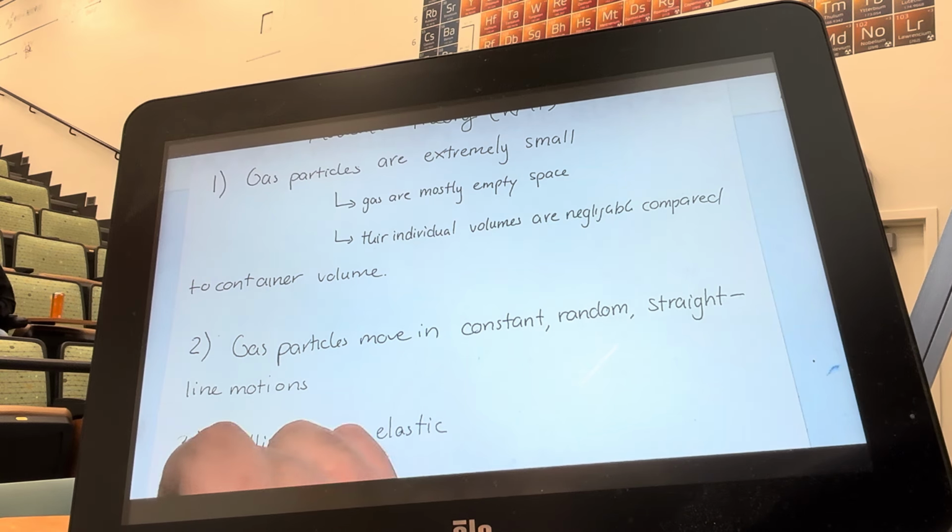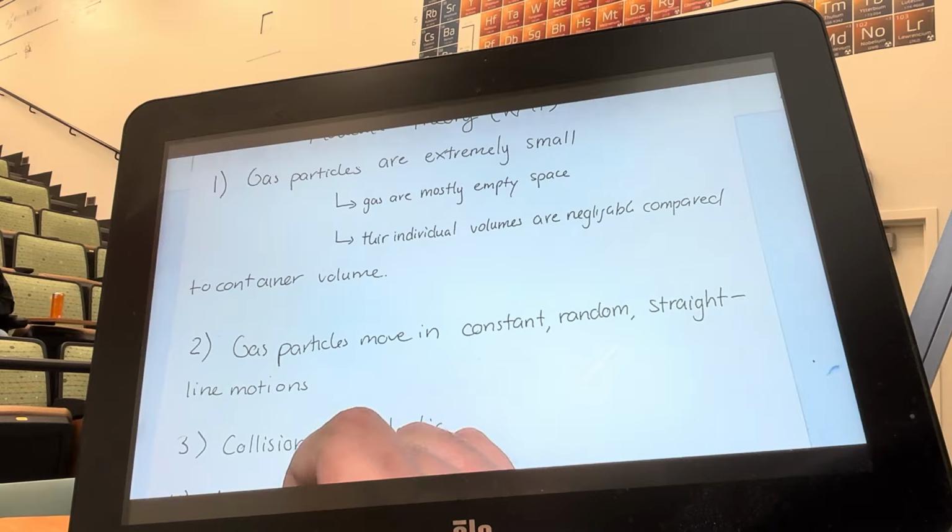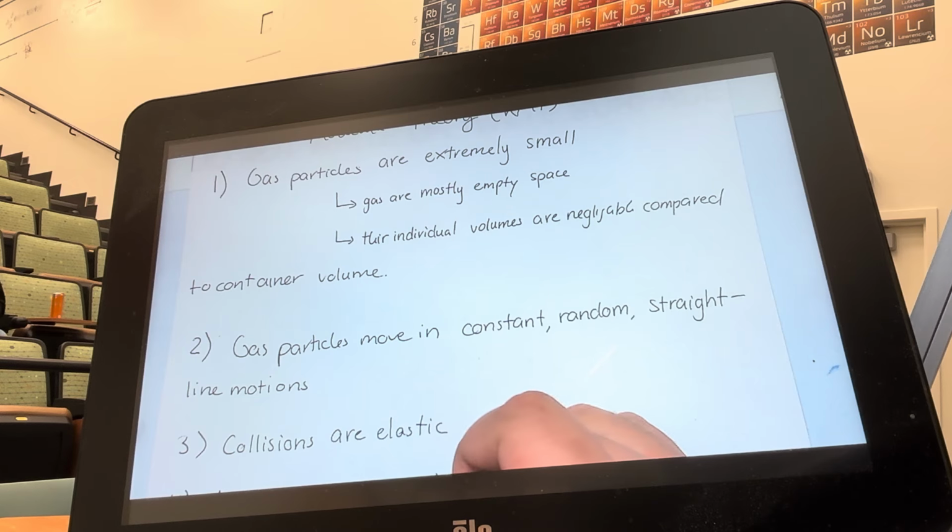And then there's 2 more. There are no intermolecular interactions. So you can think of this as all gas particles move along how they want to. They're not affected by their neighbors at all, whether it's attractive forces or repulsive forces. Okay?